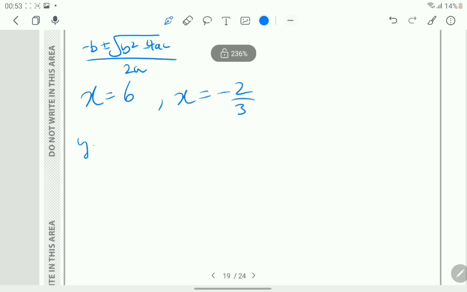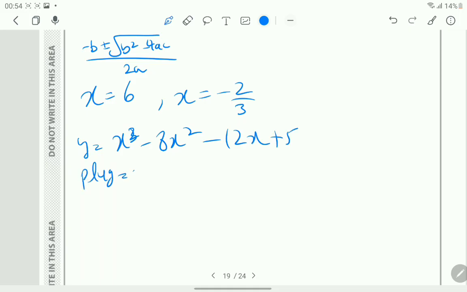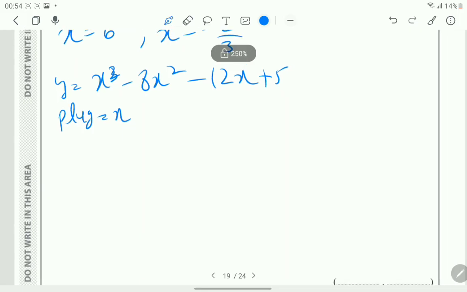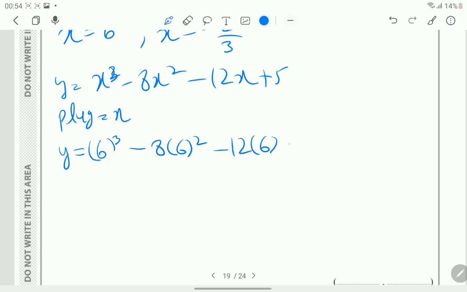Now we will go back to our original equation and plug x into it to find the y coordinate, where the graph is turning, and it's the coordinates for point A. Using a calculator, y equals minus 139.